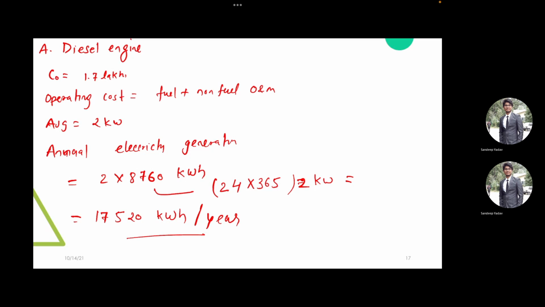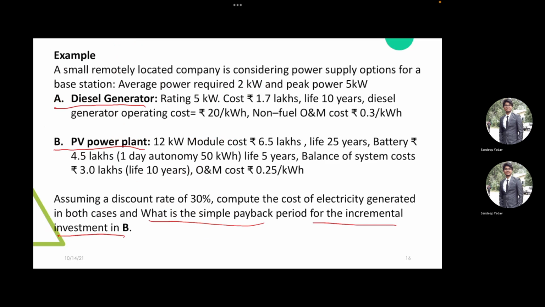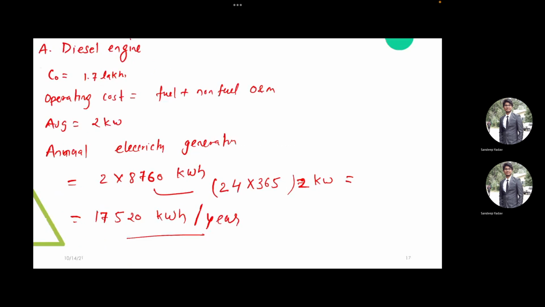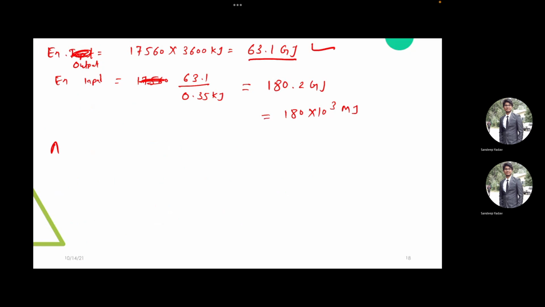So in our initial thing, these things we can calculate for getting some more practical knowledge, means how much energy we are getting. So let's continue this. So the annual diesel that will be used is 180.2, and the calorific value of the diesel is 42 kilojoule per kg.